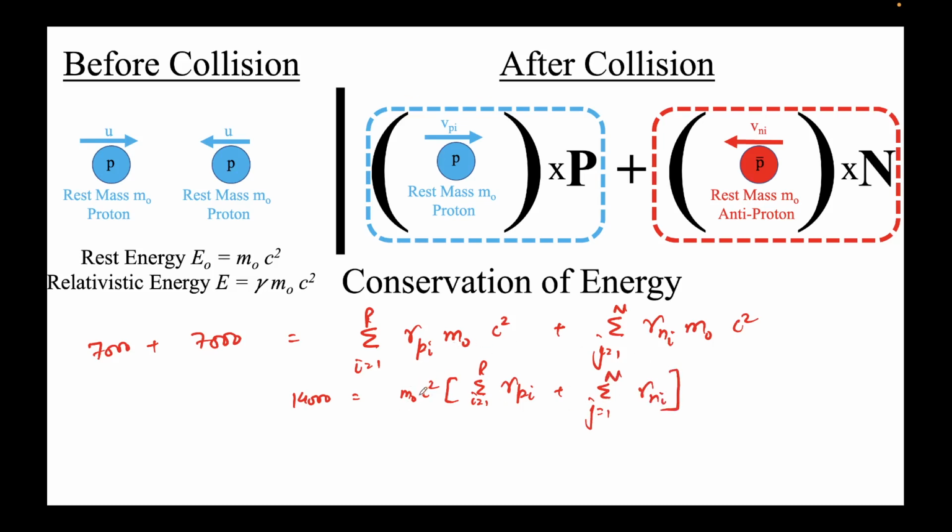Since we know that m naught c squared is 1 GeV and this is also 14,000 GeV, this term gets cancelled. So what will remain is 14,000 equal to sum over i equal to 1 to p of gamma pi plus sum over j equal to 1 to n of gamma nj. This is nj, sorry, this is also j. Okay, so this is the expression that we are getting, correct?